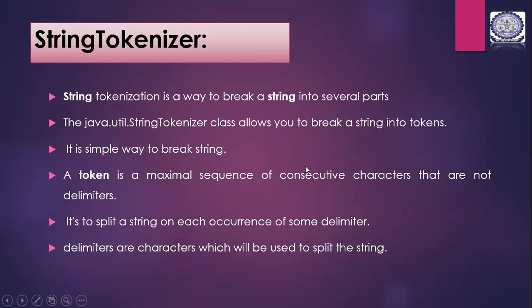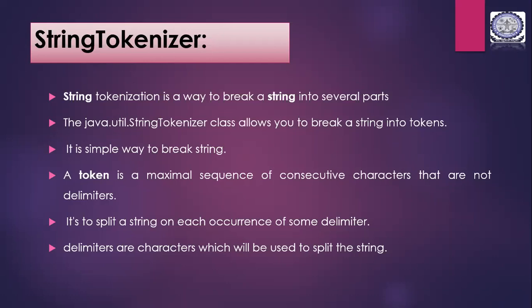So string tokenization. This is a way wherein an entire string is broken down into several parts. So see, if we remove the comma in our previous slide, the name, date, month and year would be a single string, right? A single statement. So when this is broken down, you will have a name, a date, a month, and a year that can be differentiated, right?